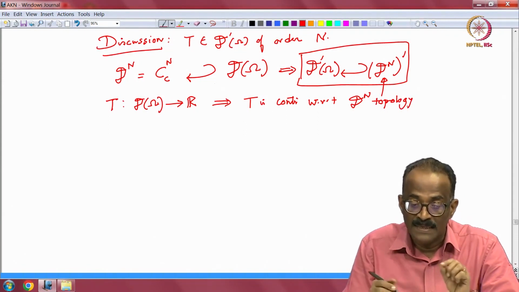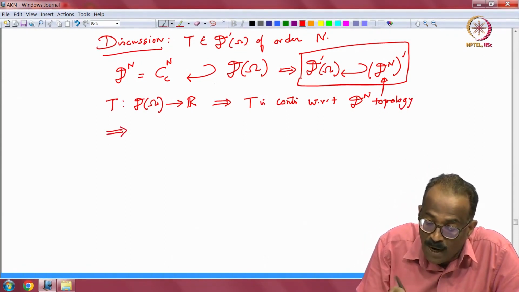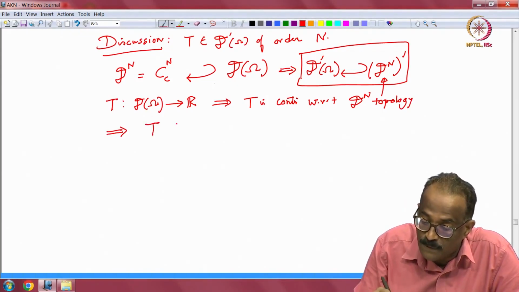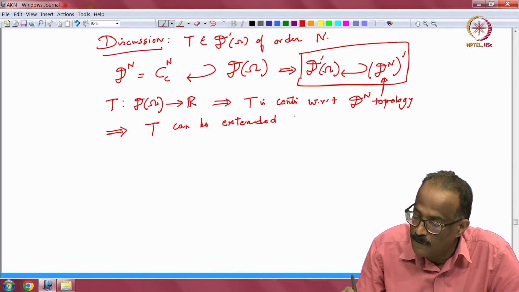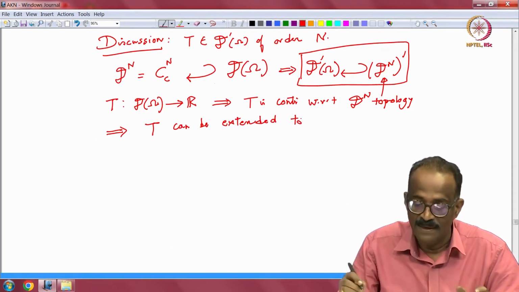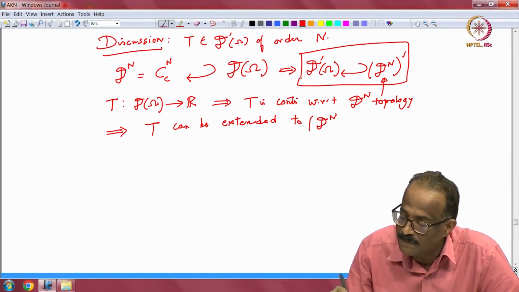That means T is a mapping in a smaller space. This is exactly what you want: T can be extended to, basically, that is already D^n prime. That is the meaning of this one.